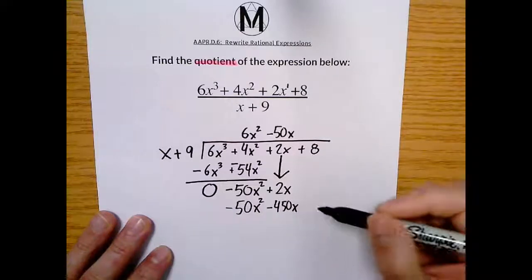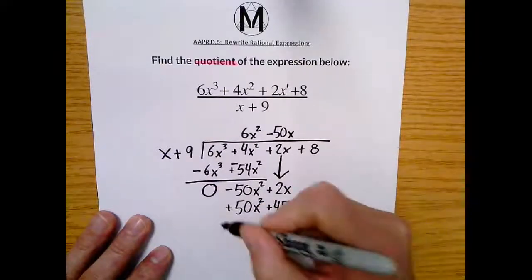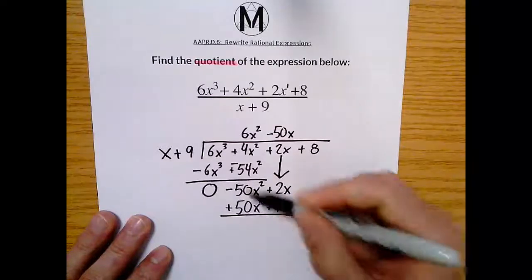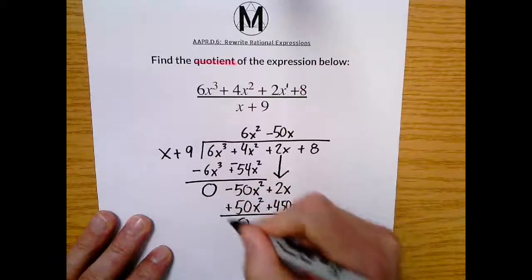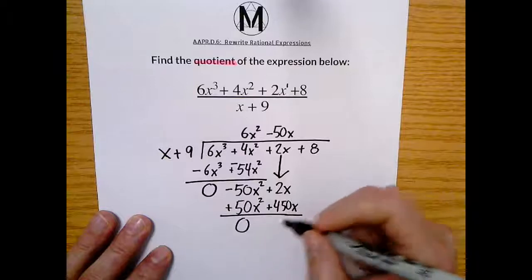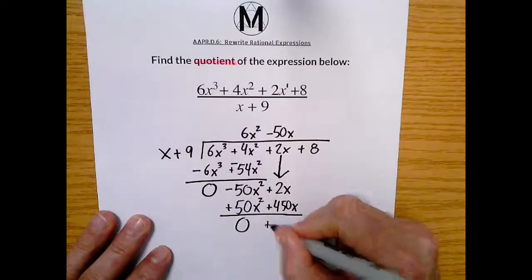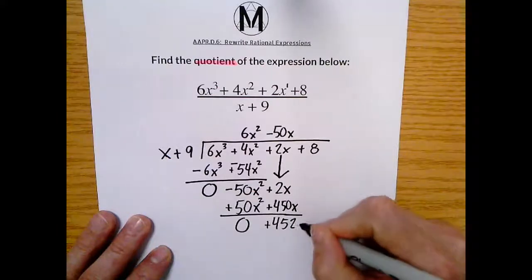Okay, so now we have to subtract, so the signs change because we're multiplying each term by -1. Negative 50x squared plus 50x squared is 0. Good sign there, got that pattern going. And 2x plus 450x, well, that is just going to be a positive 452x.